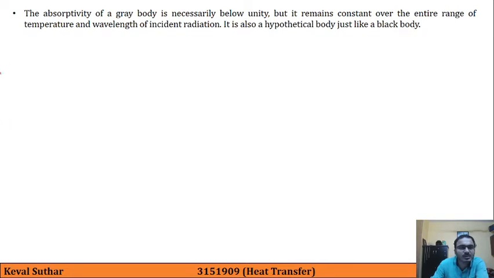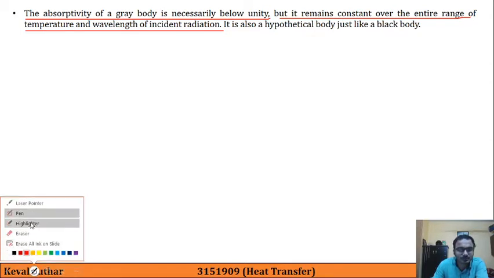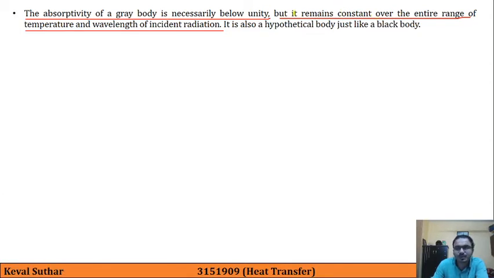That is 75% of impinging radiations will get absorbed. As I have said, the absorptivity of a grey body is necessarily below unity, but it remains constant over the entire range of temperature and wavelength of incident radiation. This is the important part.